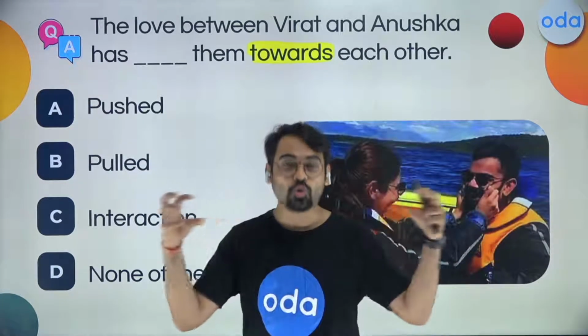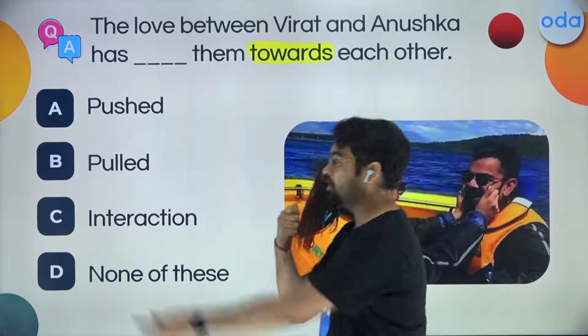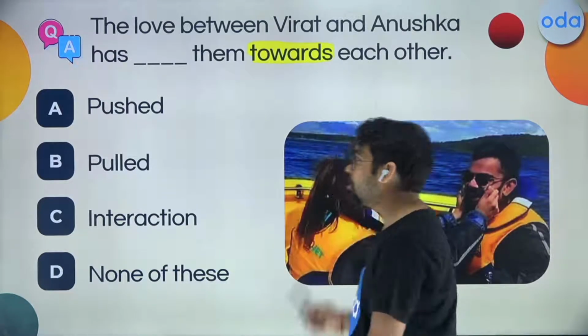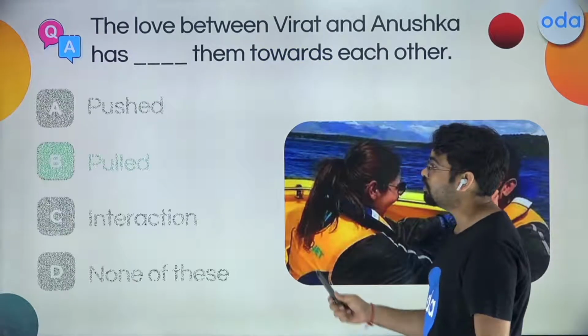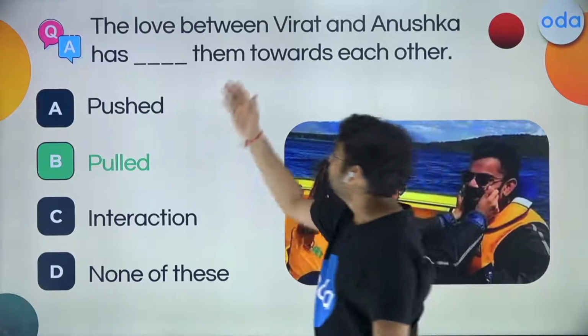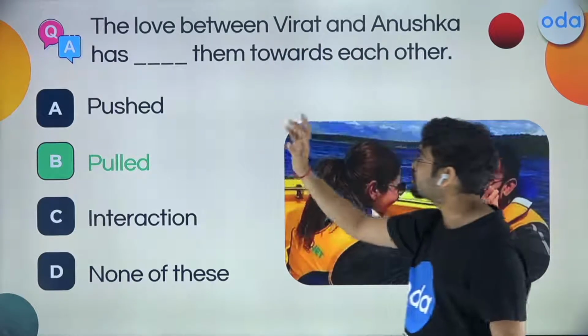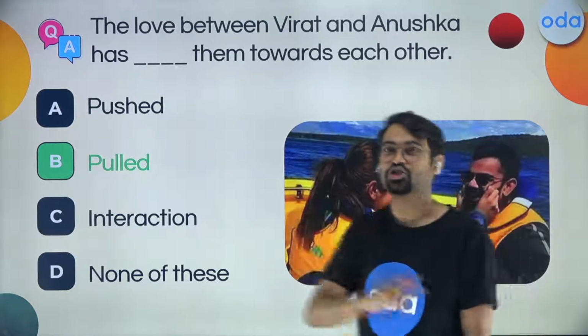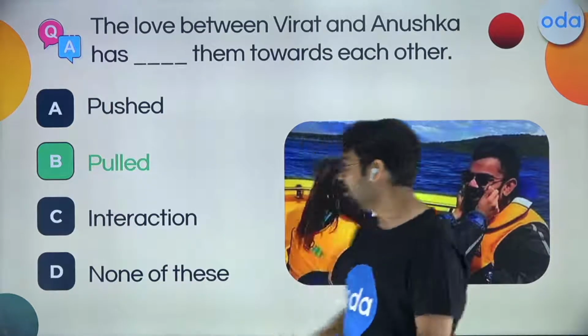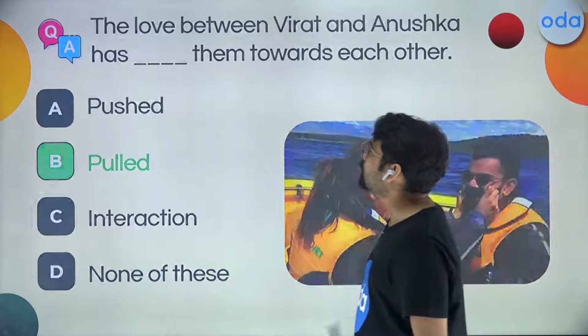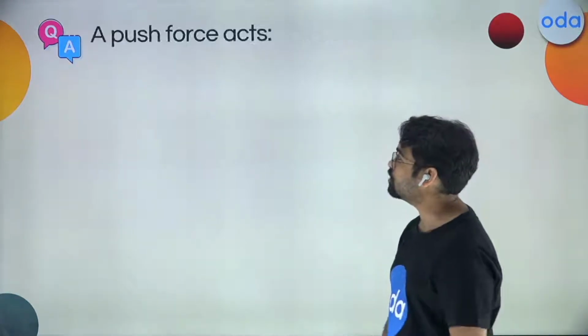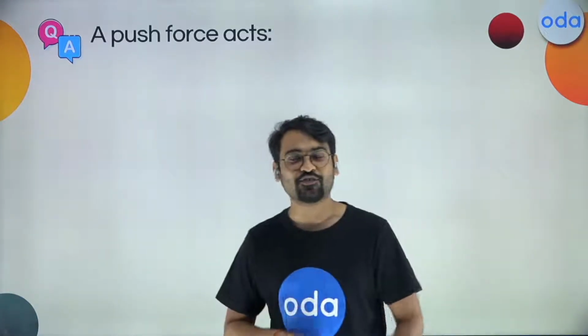If you're getting towards each other, you are doing nothing else but pulling. So the love between Virat and Anushka has pulled them towards each other. Done. Right? I hope that you understood how easy the questions are if you just understand the basic definition.